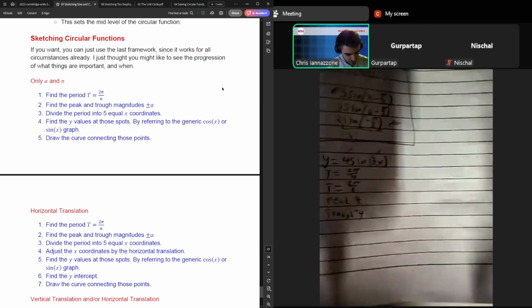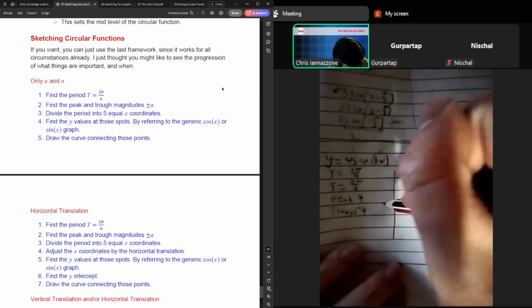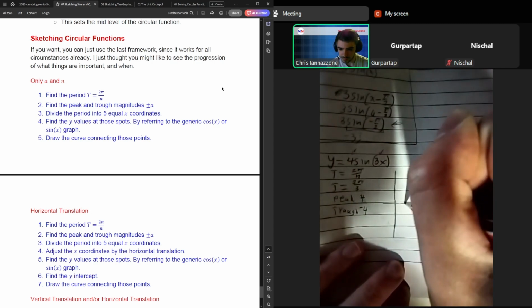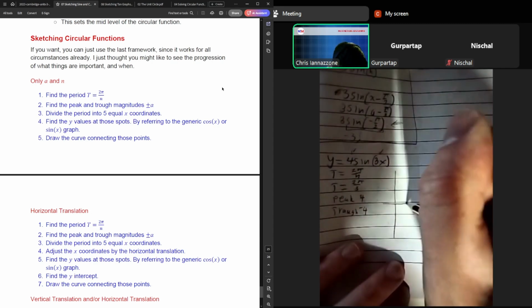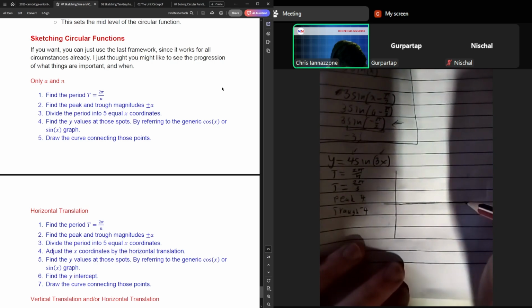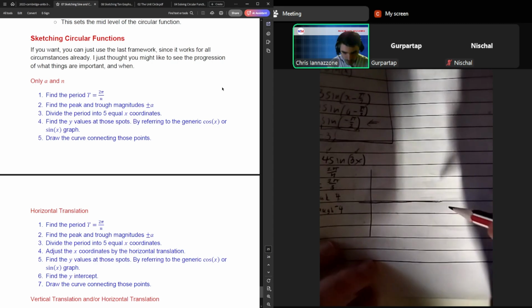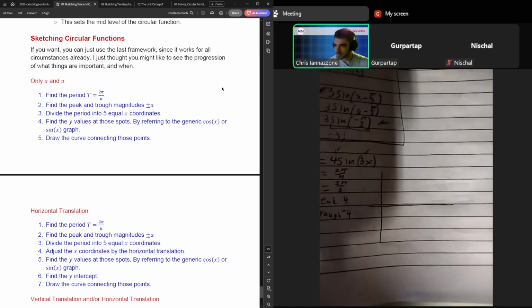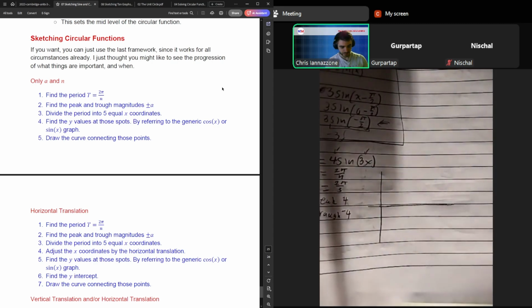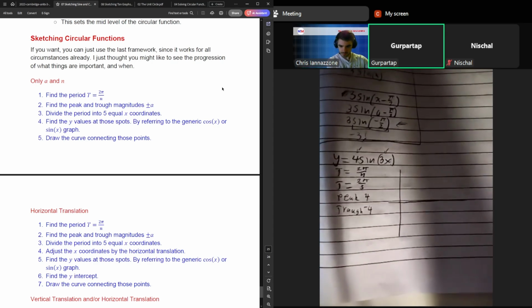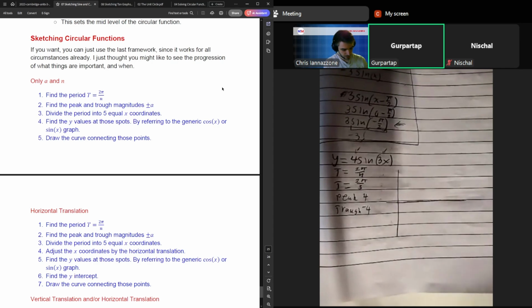Cool. So we're going to start like this. I'm just going to pretend that it's one cycle. We didn't actually have a domain on this because I just picked a random question to do. So how do we label out these x values? Start at 0. Yep, start at 0.